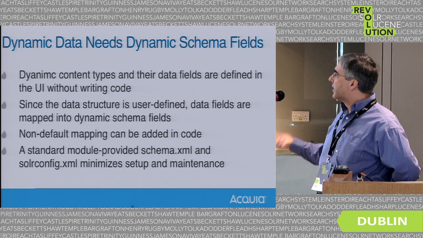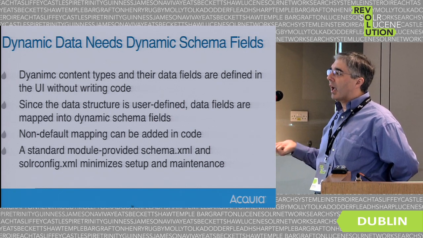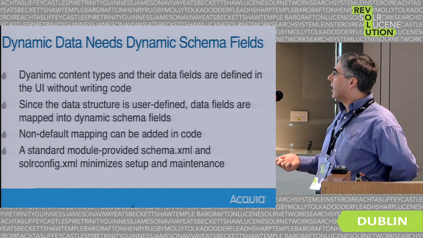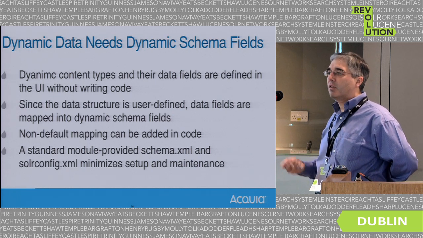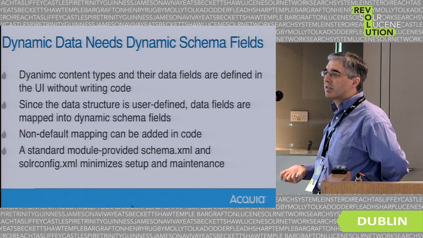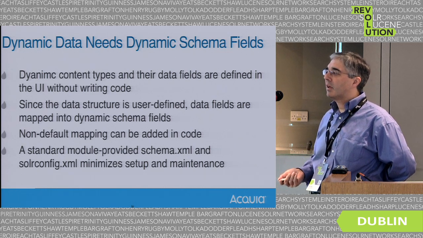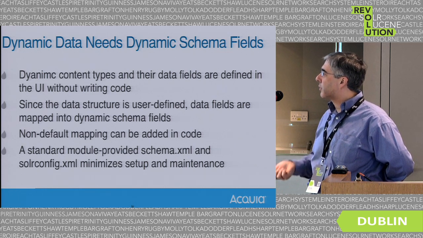As the data structure is user-defined, we have to have a sort of automatic mapping. If you need to do something special, if you need a different mapping, you certainly can. You can just write a few lines of code and change that mapping for a specific field. But generally, the default will work fine.